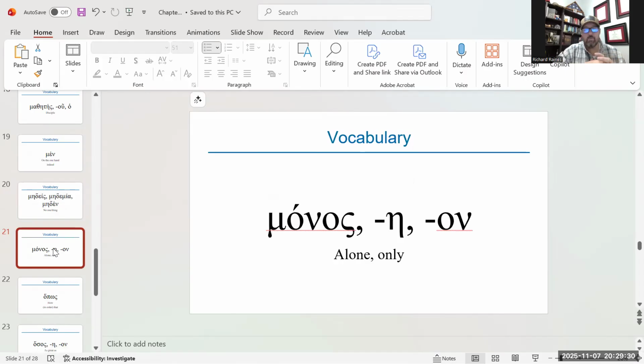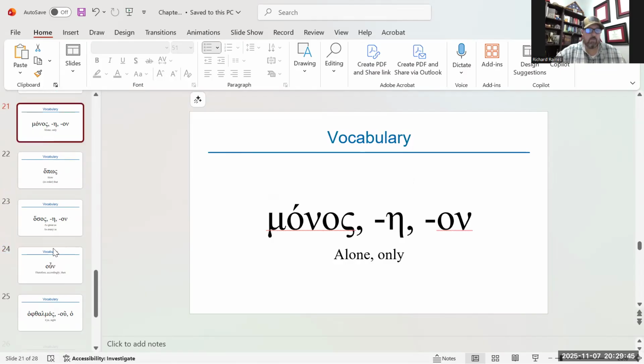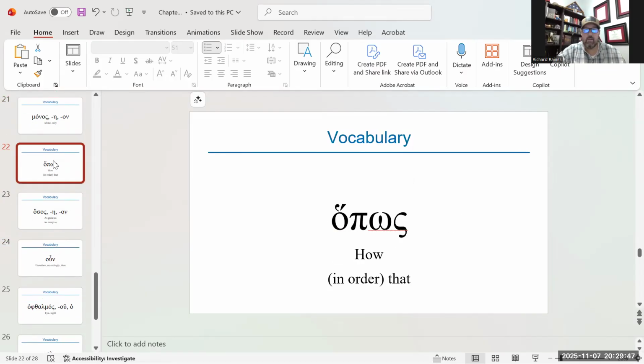Mónos means alone. Think mono, one. Just not a great way to remember that, because it doesn't mean one, it means alone. But if you think about it, if you had mono, then you'd have to be alone because nobody wants to be around you. Maybe think about it that way. All right, see the rough breathing mark there.